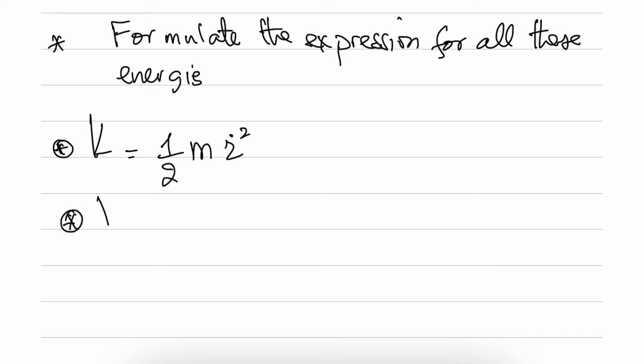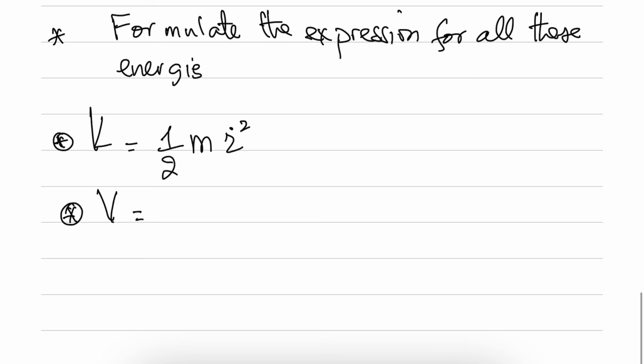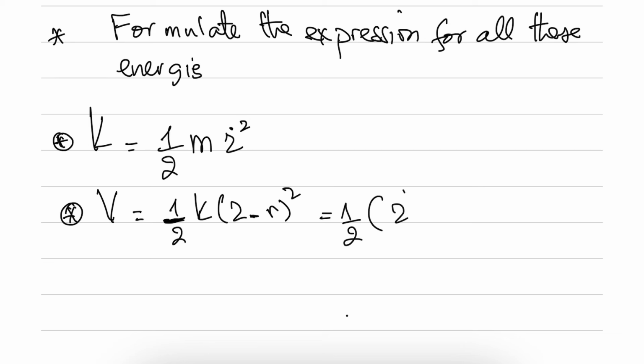The potential energy V is equal to a half times K, the stiffness coefficient, times the displacement squared, which is z minus r squared, or equal to a half k times (z squared minus 2zr plus r squared).